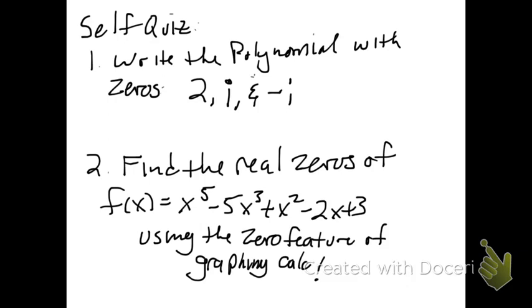Why not do it on the very back where you have that full page to do it? The first question is kind of like the first two that we did together in the video. Write the polynomial of least degree in standard form that has the following zeros, 2i and negative i. And number two, I just want you to use your graphing calculator to see if you can use the zero feature to find the real zeros of the function that I gave you. And we'll go over it tomorrow in class.